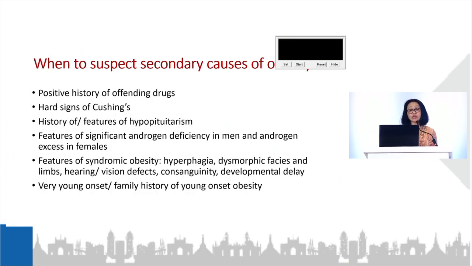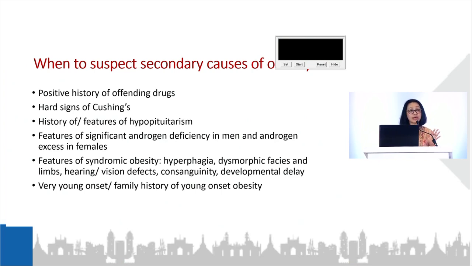Having said this, when to suspect secondary causes of obesity? When there is a positive history of offending drugs like glucocorticoids, antipsychotics, anticonvulsants, hard signs of Cushing's, history or features of hypopituitarism, features of significant androgen deficiency in men and androgen excess in females.